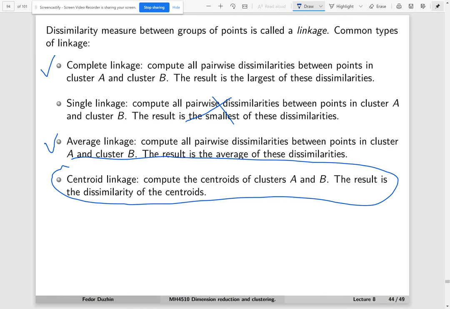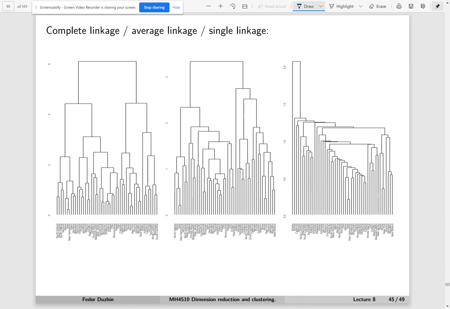So for centroid linkage, it is possible that when we fuse two clusters, the dissimilarity measure goes down. So for complete linkage and for average linkage, dissimilarity measure always goes up, which enables us to plot nice dendrograms. But for centroid linkage, it's really trickier. And we are going to look at it in the tutorial one more time.